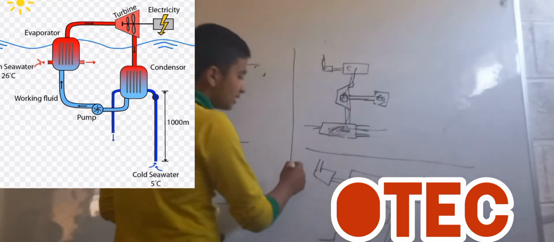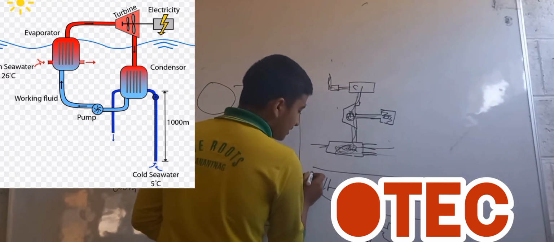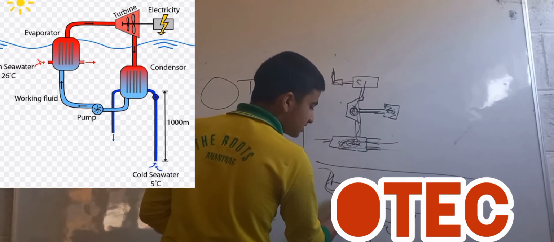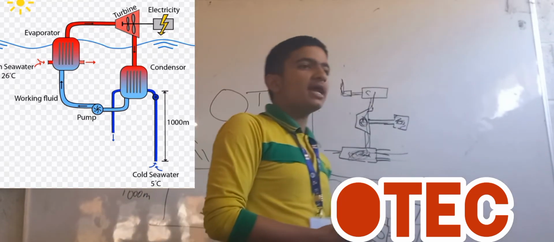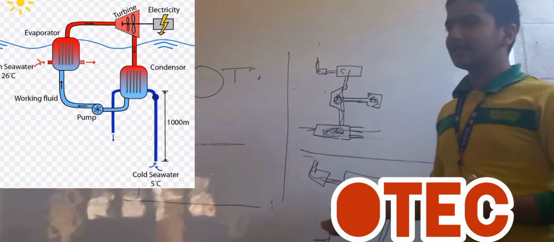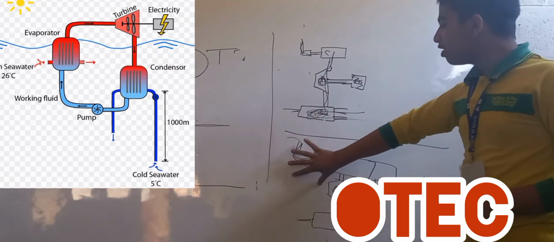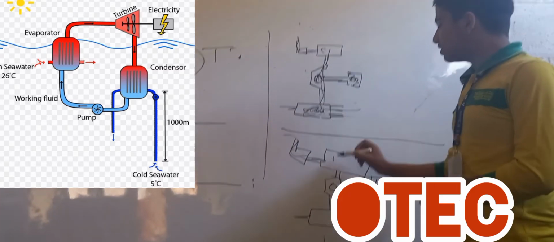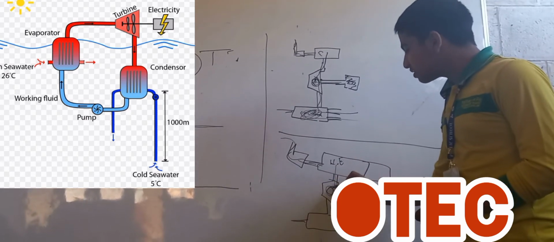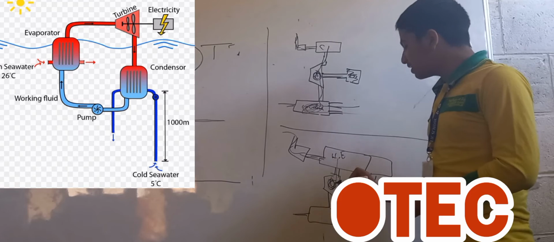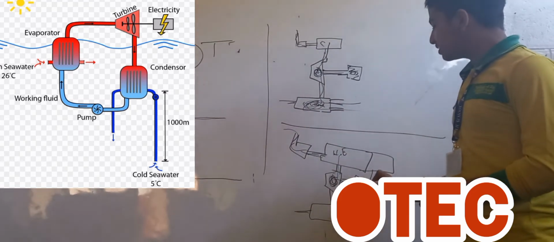So what happens is, first the warm water enters from this pump into this system, then it reaches the heat exchanger. The heat exchanger has a working fluid present in it, like ammonia. Then this warm water converts the ammonia in the heat exchanger into steam. This steam reaches the turbine, starts rotating, and then the electricity is produced in the generator.